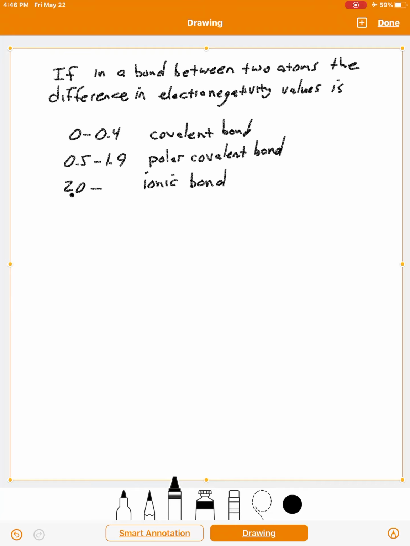So let me show you what I mean by that. Suppose we had NaF, and we wanted to know what type of bond is the predominant bonding that takes place in sodium fluoride. Is it covalent, polar covalent, or ionic? We would look up the values of the electronegativities. For sodium, it's 0.9, and for fluorine it's 4.0.